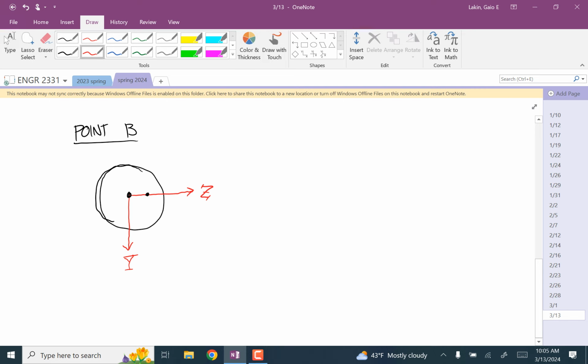But the formula says tau capital X, capital Y is equal to negative torque times rho divided by I sub p. And so this is negative 4,000.